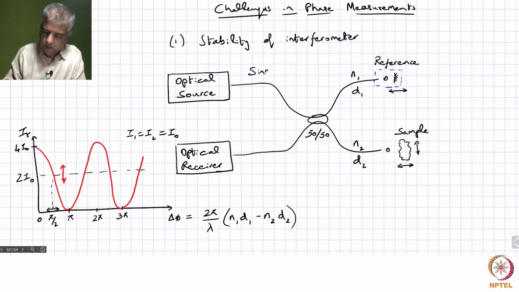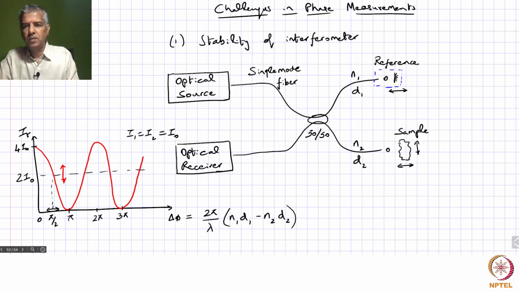So all of this fiber is single mode fiber, right? So it's only one mode in that, and the fundamental mode in an optical fiber, as you probably know, is close to a plane wave essentially, right?